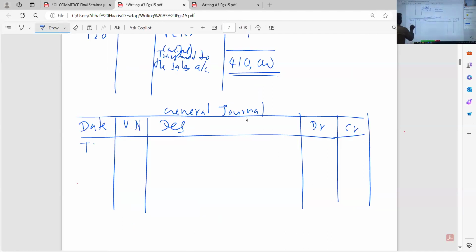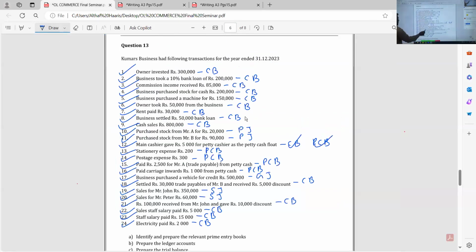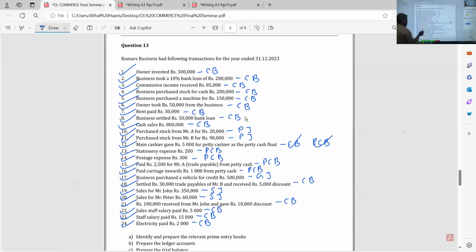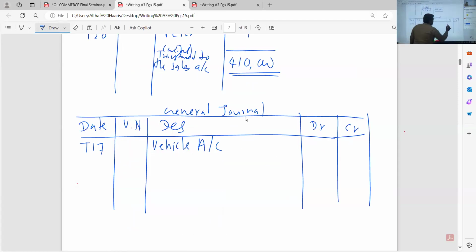T17. So people, here, purchase of a vehicle on credit, transaction number 17. So vehicle account, debit, 500,000.